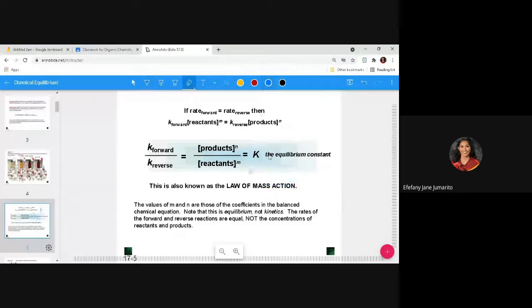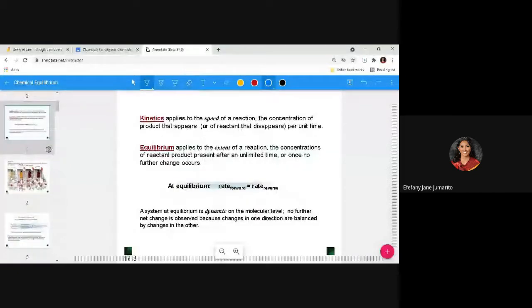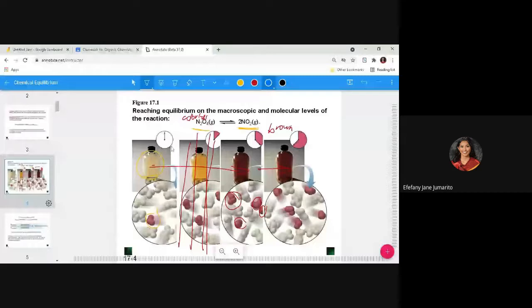The system is at equilibrium, because here this is before equilibrium, and we also have our at equilibrium.